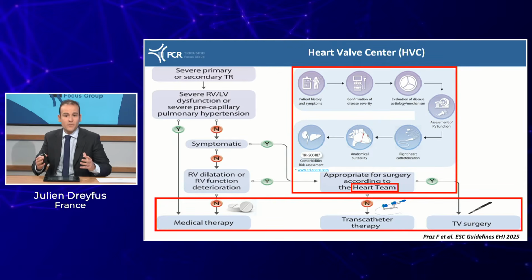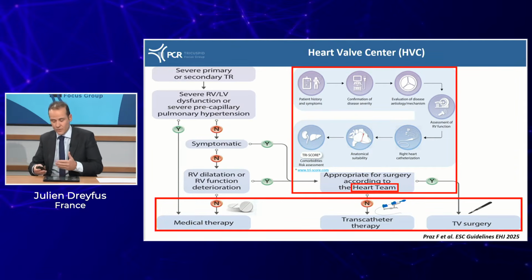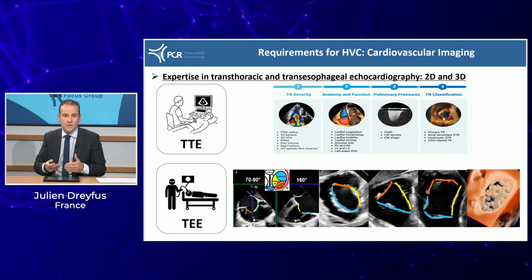So first you perform the step-by-step workup. Then the same heart team will discuss together to define the best strategy for each patient and perform this strategy, knowing that we now have different options that could be medical, surgical, or transcatheter, and for each intervention there are different types that will be described later.